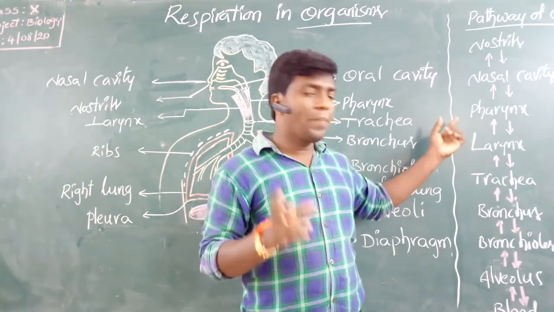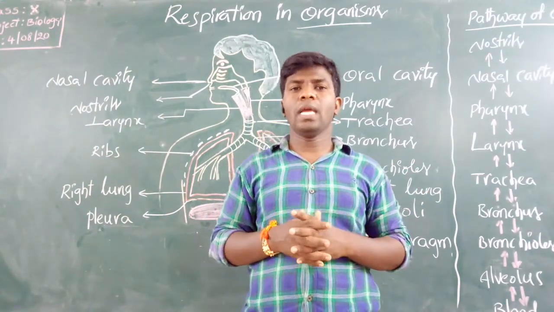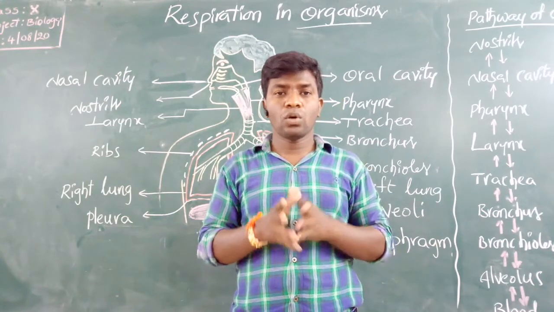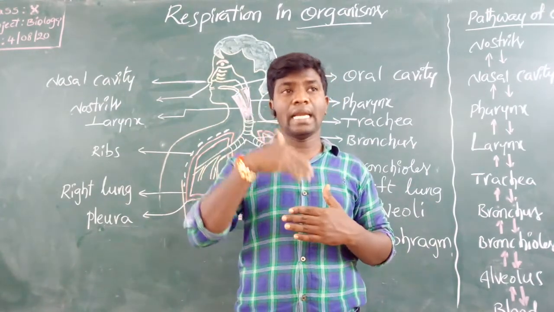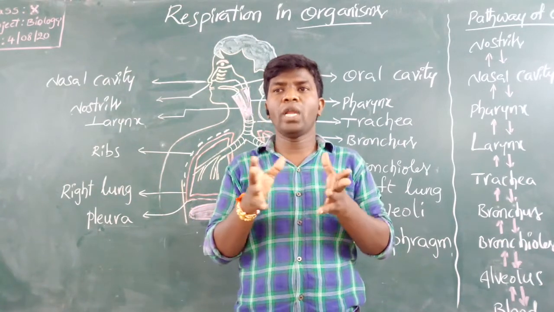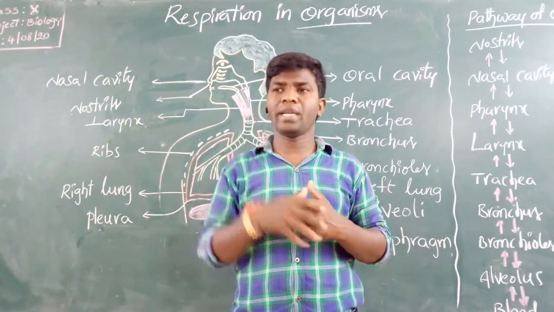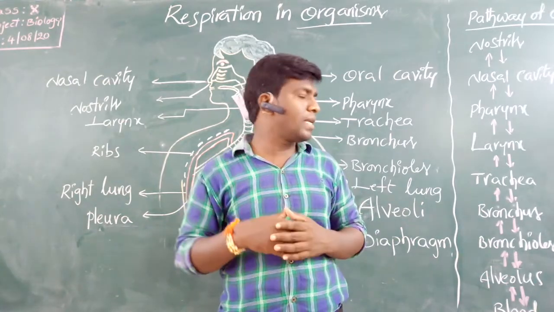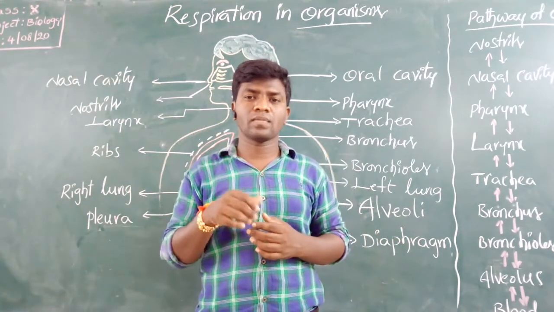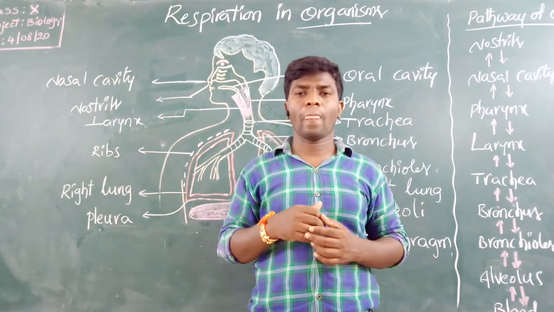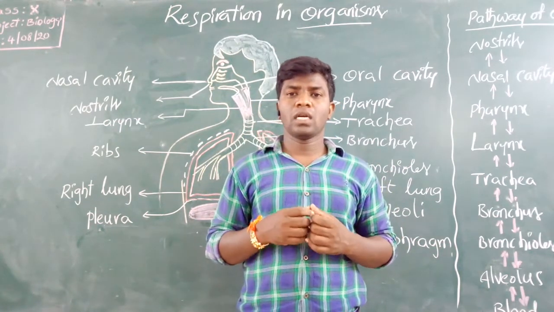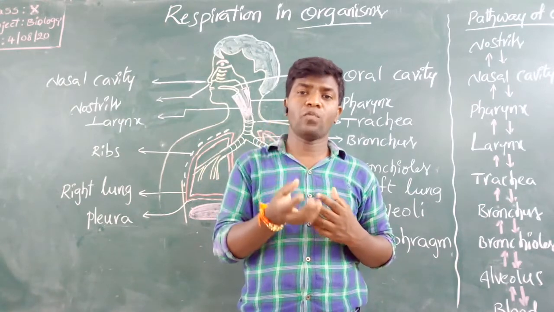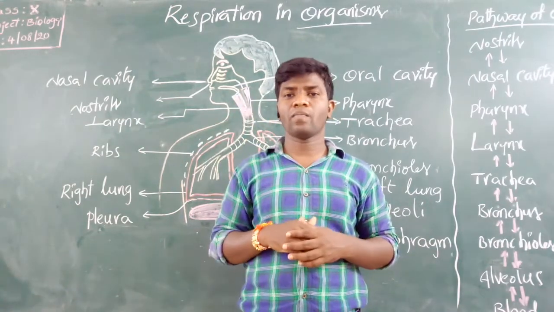So what is the role of the epiglottis? The epiglottis prevents food from entering the windpipe while you are eating. There are two ways, the windpipe and the food pipe. While we are eating, sometimes the food may enter into the windpipe.